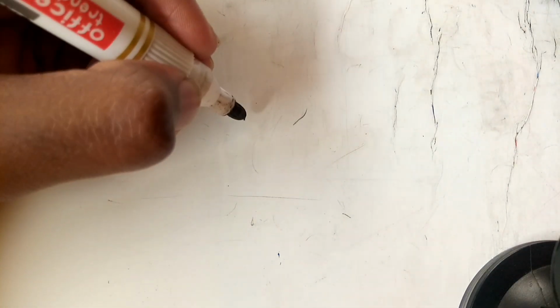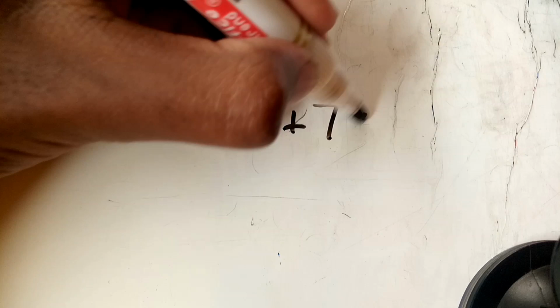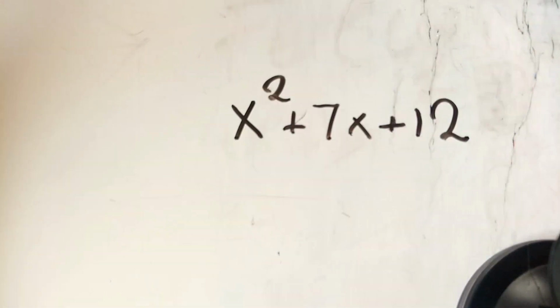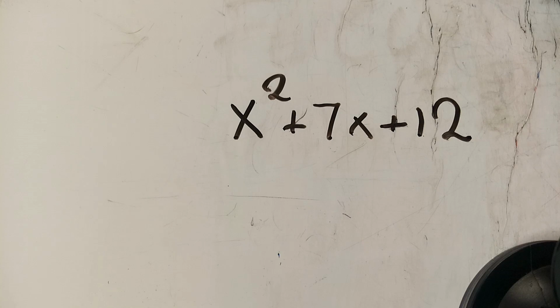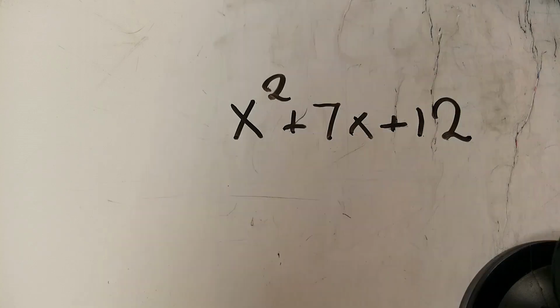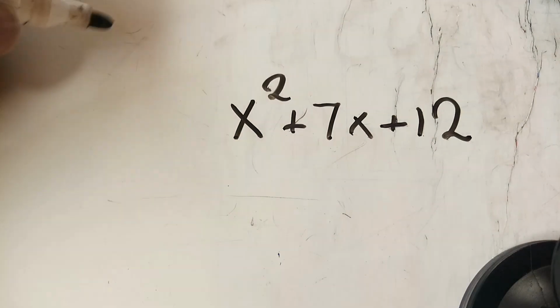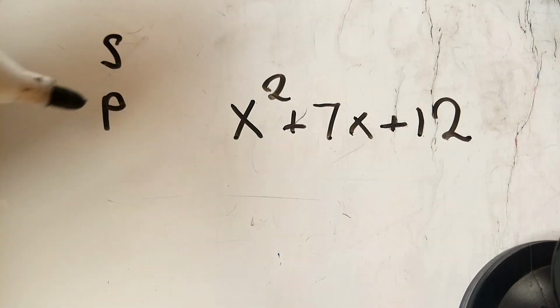Yeah, so that video talks about factorizing something, for example, let's say we have x squared plus 7x plus 12. Then we're told to factorize this thing. Now, if we're told to factorize, we obviously have to find the sum and the product.